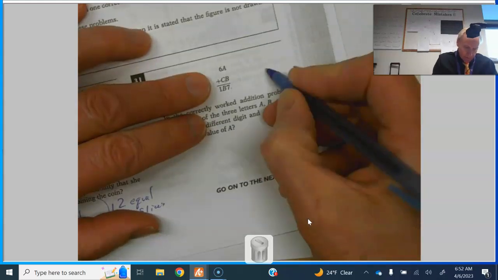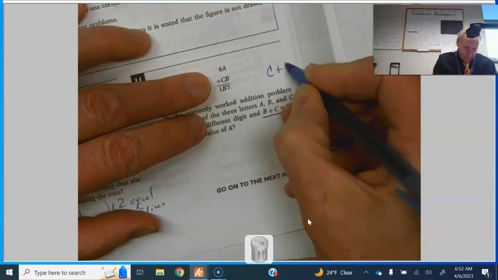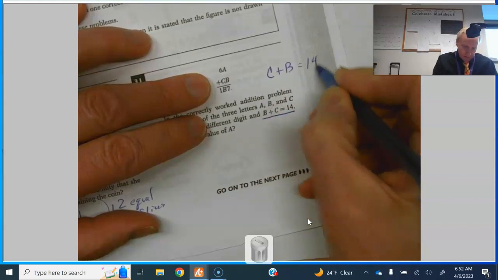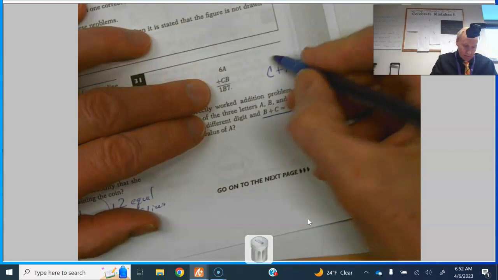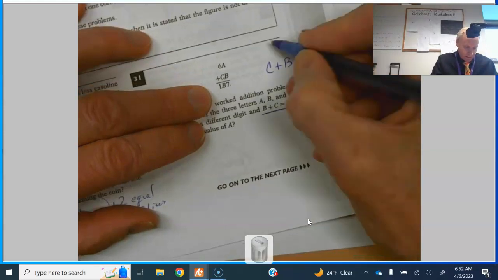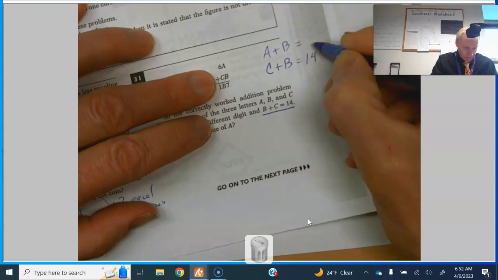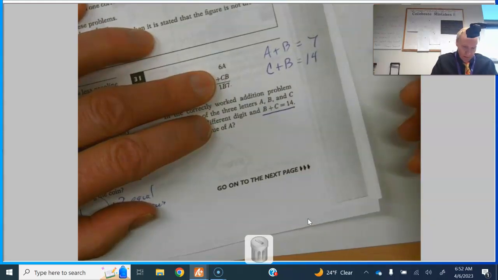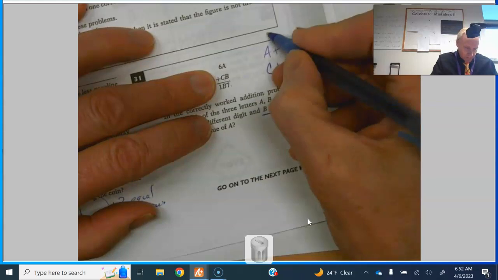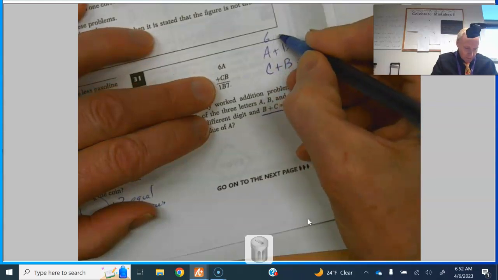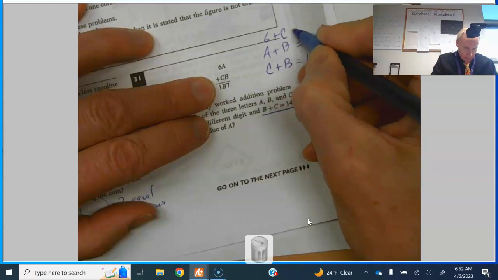Interesting. C plus B equals 14. And we know that C, let's see. Oh, well, A plus B equals 7. And 6 plus C is greater than 10.